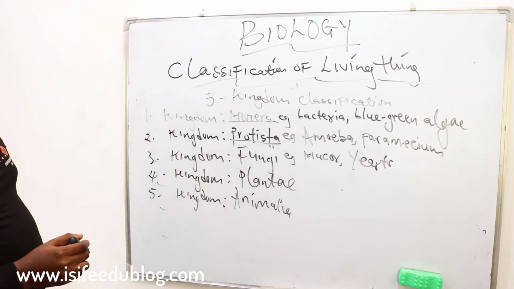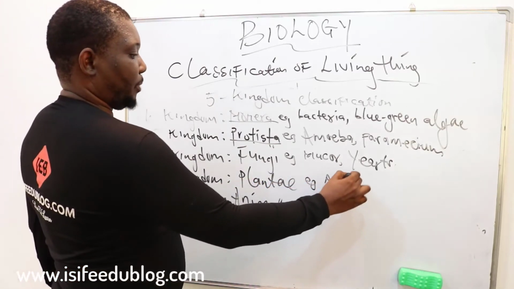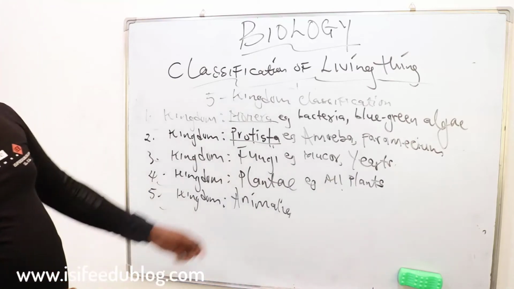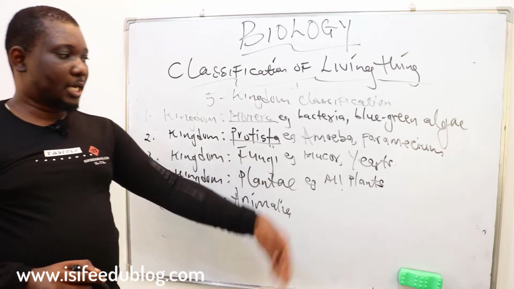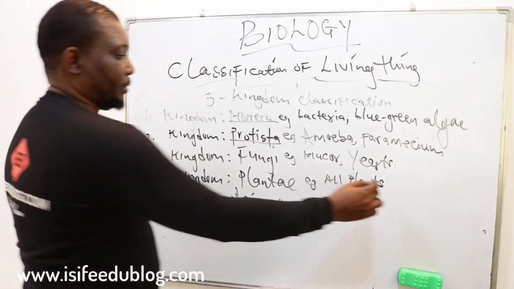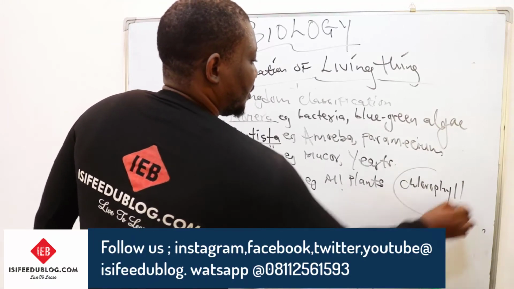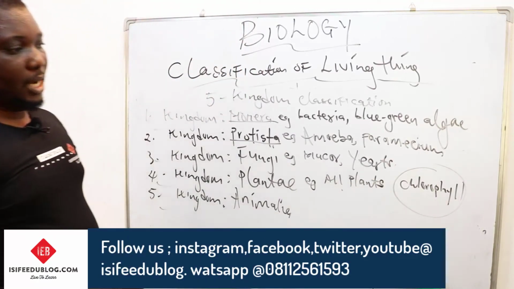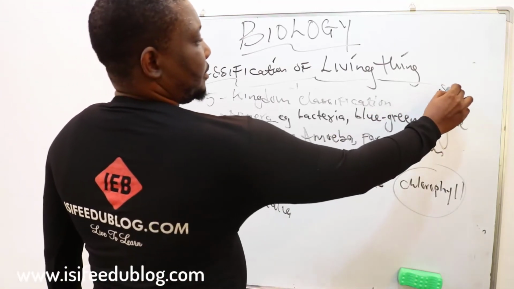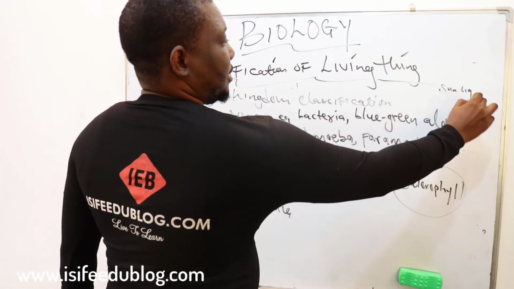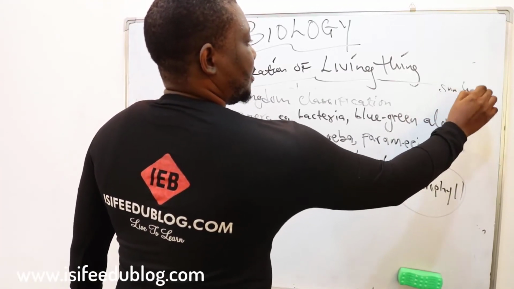Coming to the Plantae, we have all plants. These are a group of organisms that possess a green coloring pigment called chlorophyll. Chlorophyll is a pigment that is very sensitive to light, basically sunlight.